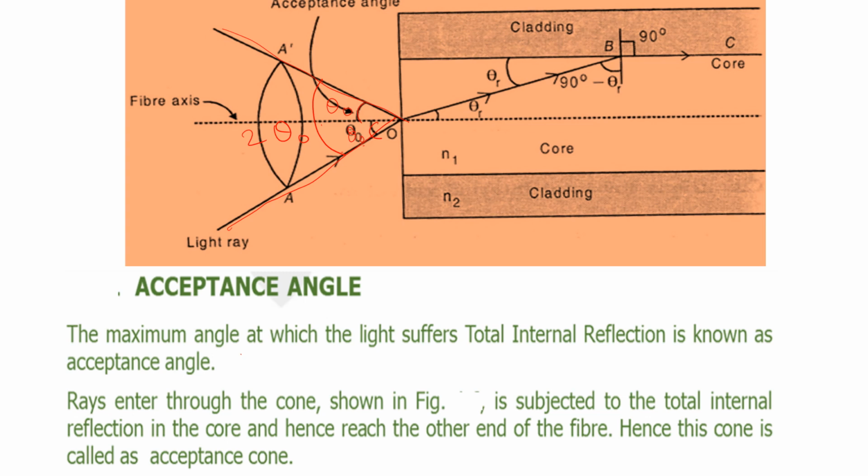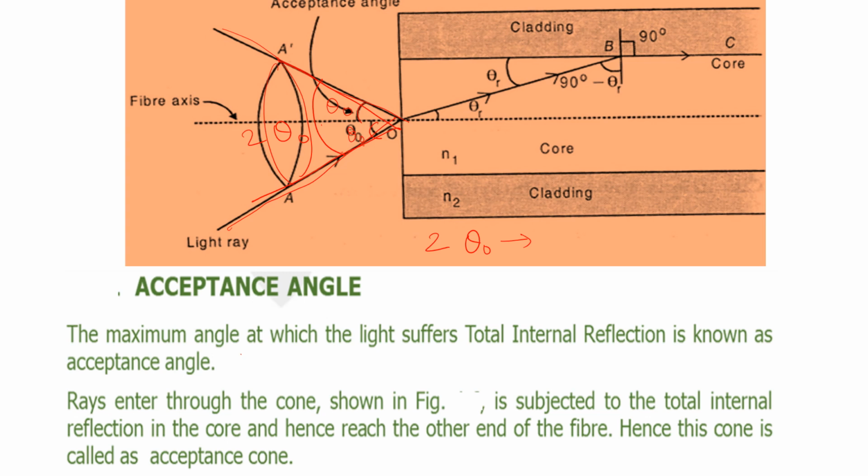The light rays or the light beam enter into the fiber and then will be totally internally reflected. This angle 2 theta naught, twice the acceptance angle, forms a cone shape here. This cone is called the acceptance cone.